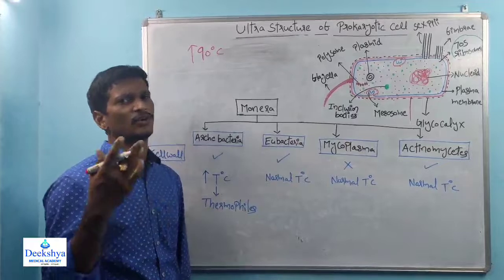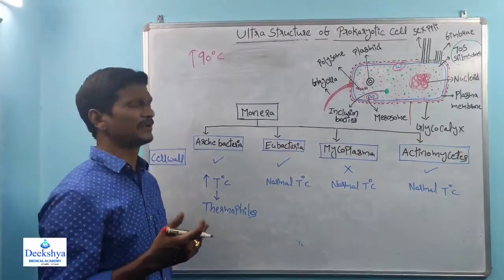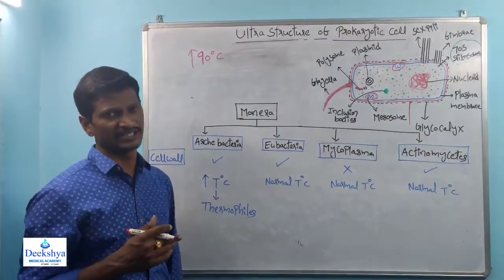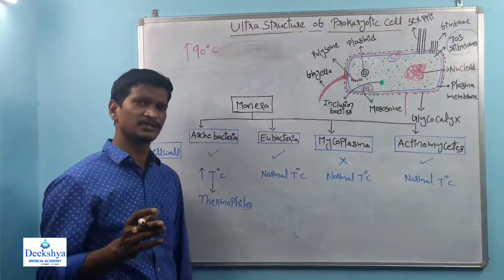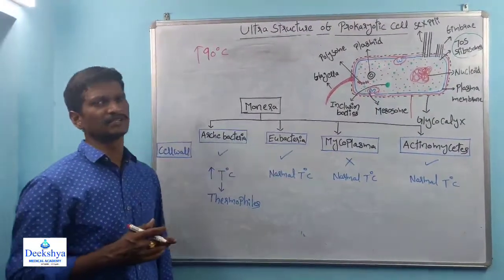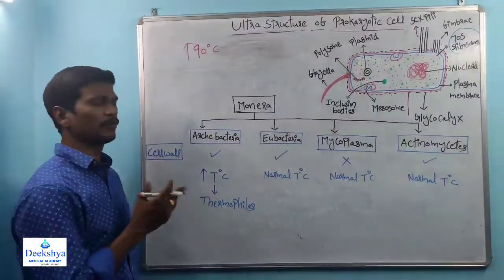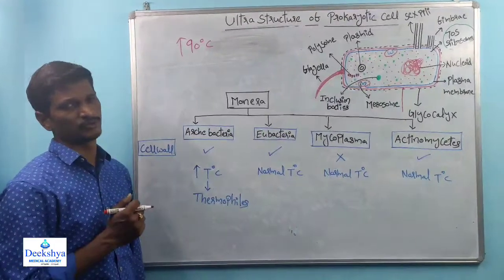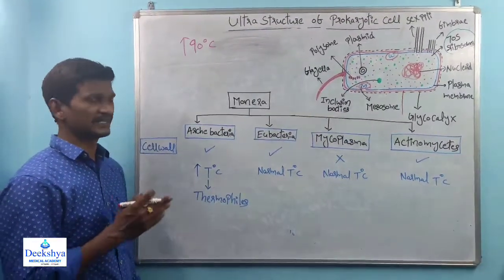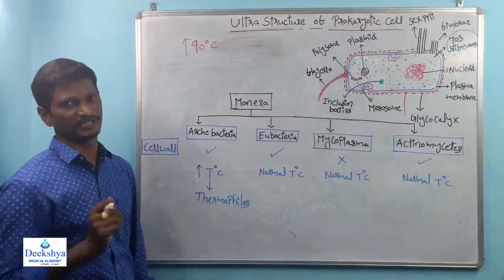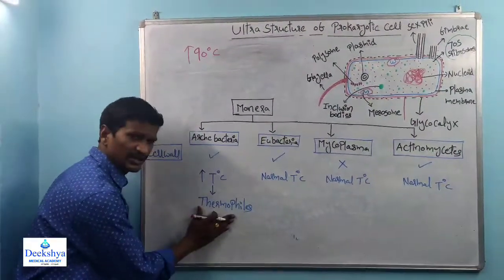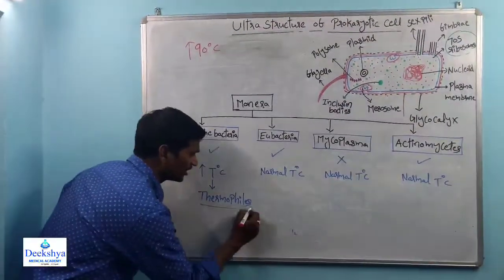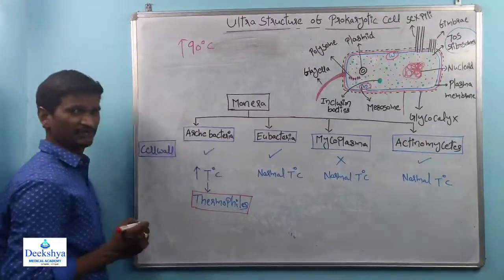Some bacteria grow at 120 degrees centigrade and some at 150 degrees centigrade. So at that temperature also, bacteria grow. How is this possible? How do the thermophiles have the capacity to grow at such high temperature?